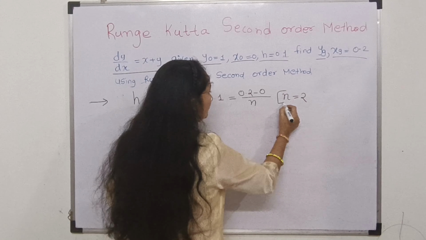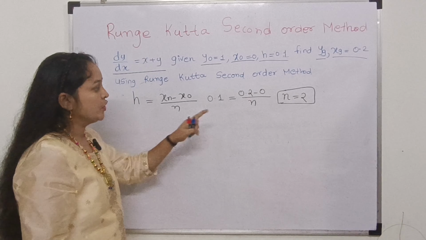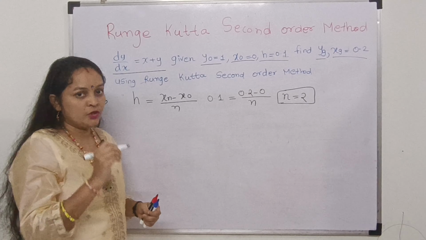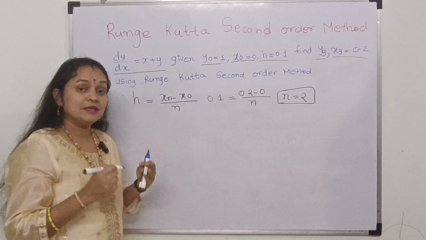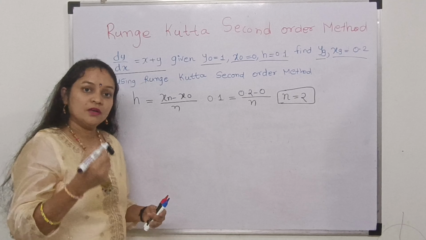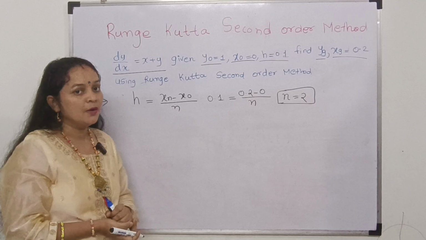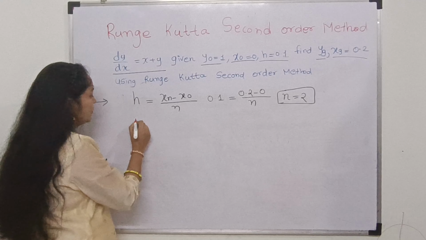By simple calculation you are getting n equal to 2. So you have to perform 2 iterations over there, right? Hence this is an approximate method, so you can go for the number of iterations as provided by the problem statement. Now let us start this calculation.